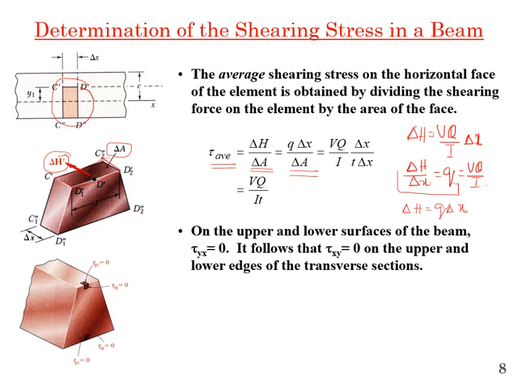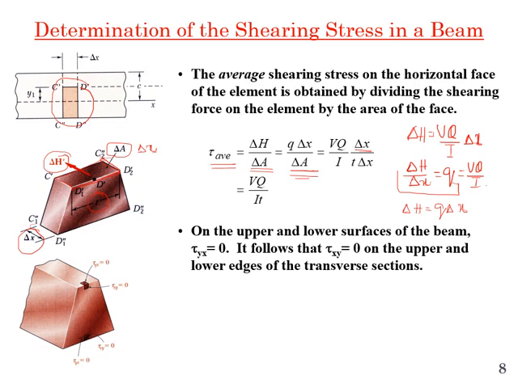So I put the value divided by delta A. And q, I know, is equal to VQ over I, delta x. Now what is this delta A? This dimension is equal to t, and this dimension is equal to delta x, also shown over here.